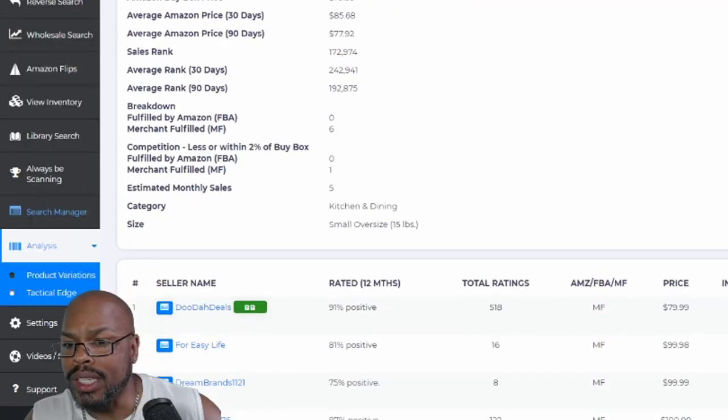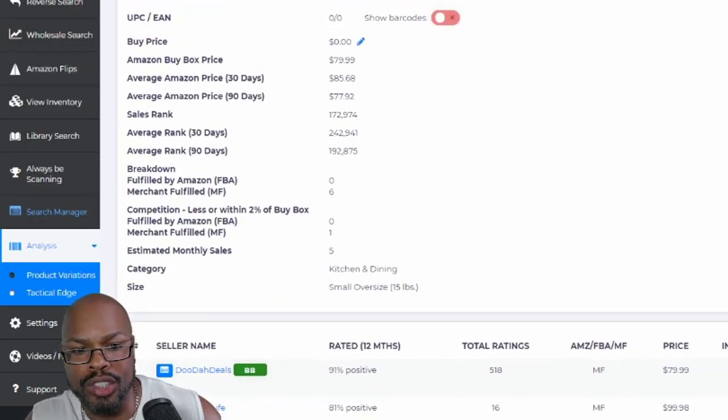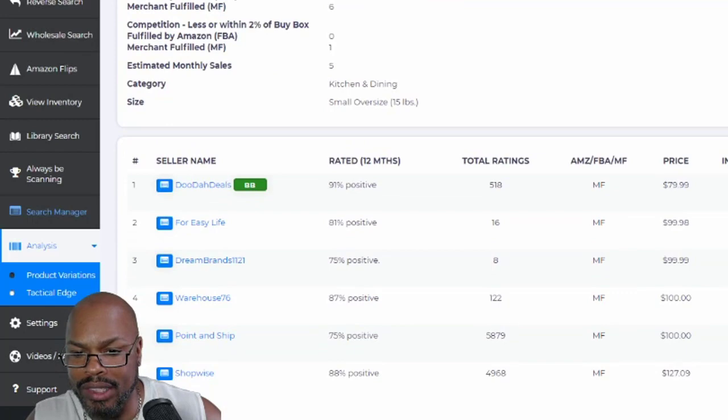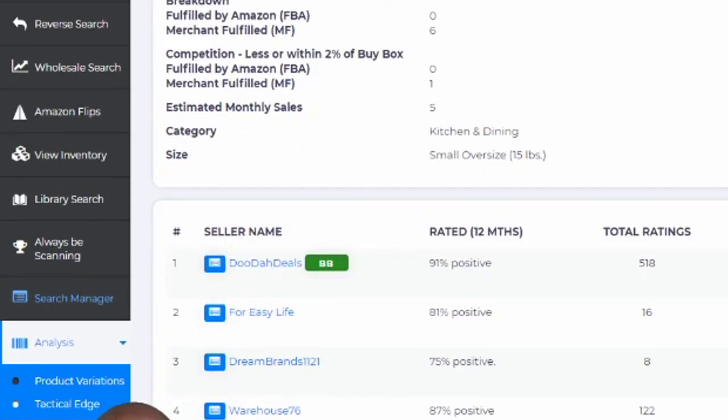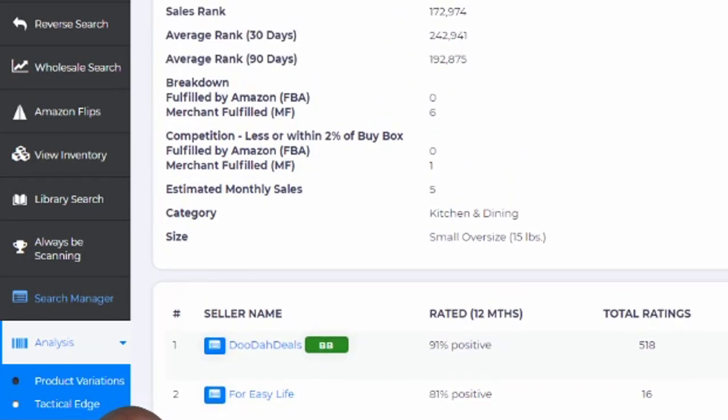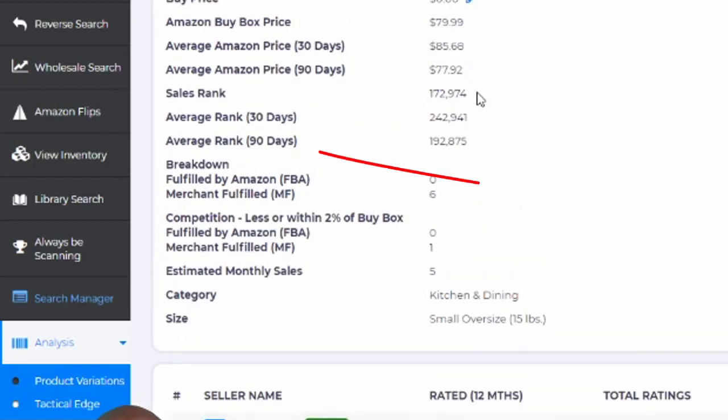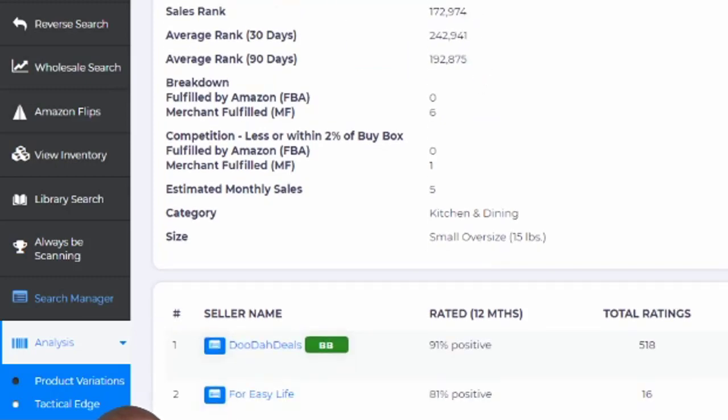But what we're doing is we're using Tactical Arbitrage just to look at this. Now, you wouldn't have this if you're just going to do things manual. You'll use other tools. For example, you would use your Keepa chart. But here's what we're looking at: things like the average 90-day rank, the average 90-day price.